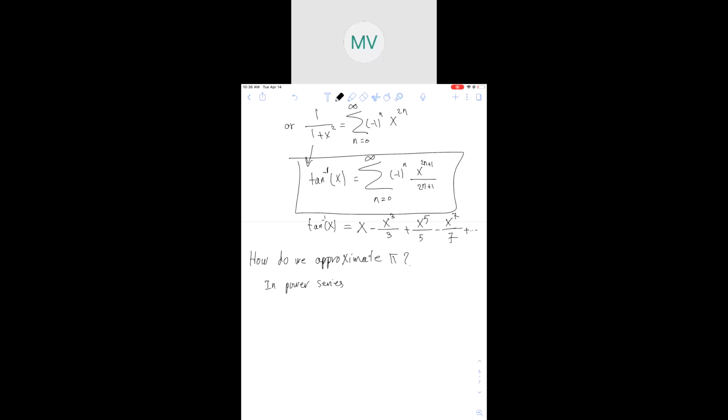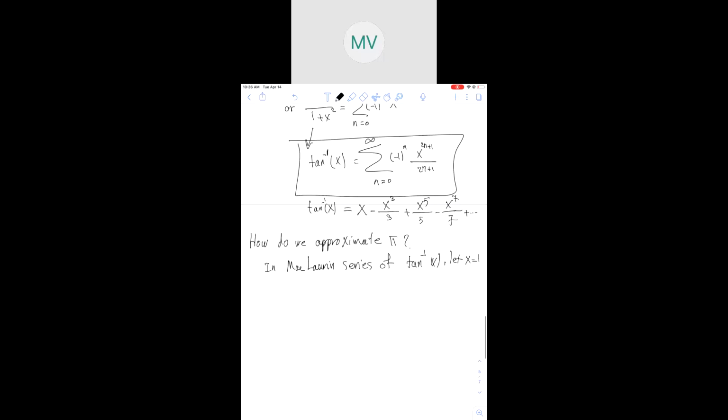Well, let me write down Maclaurin series, that's even more accurate. In Maclaurin series of tan inverse of x, let x be 1. Okay?